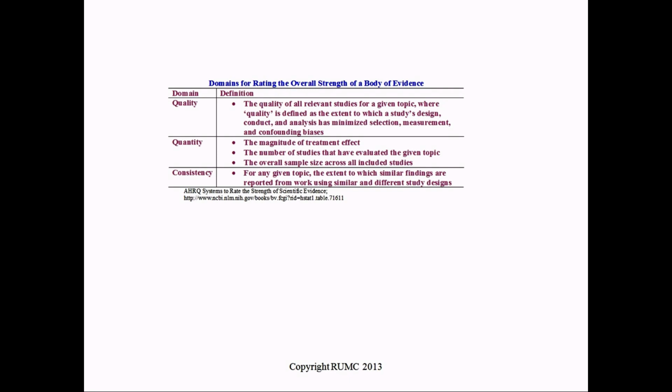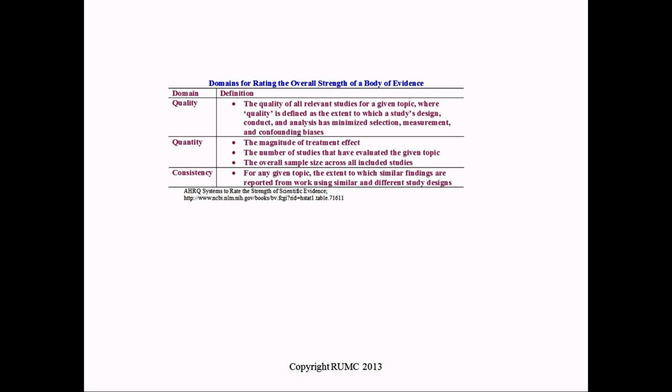Was it a randomized trial compared to a case control? You want to look at the quality of the design, and we're going to be getting into design issues shortly. But is the design one that is strong, or does it contain a lot of confounding variables that may make you question the strength of the findings?